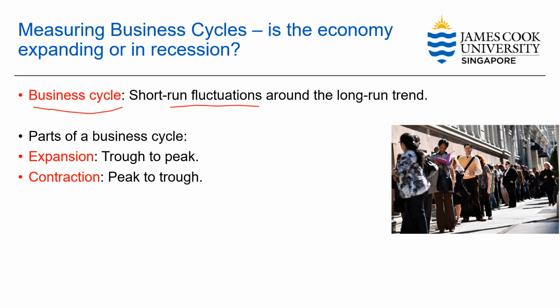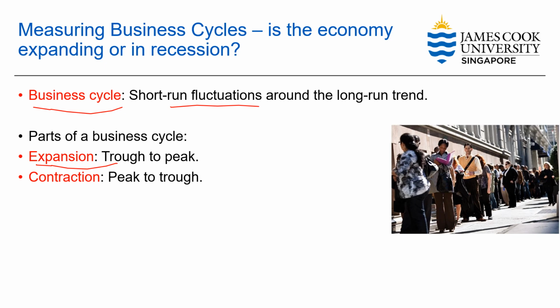If you look into the trend of our economic growth, we can find different sections. In some sections, the real GDP per capita is increasing. We call that part expansion. Basically, it increases from the trough to peak.